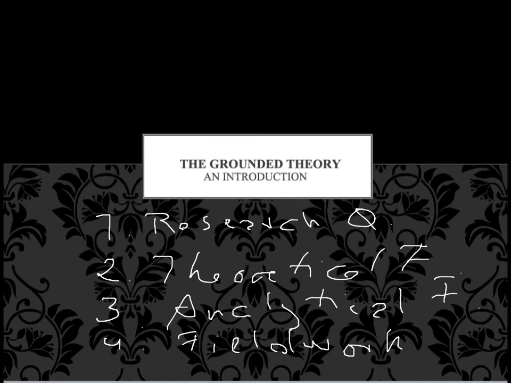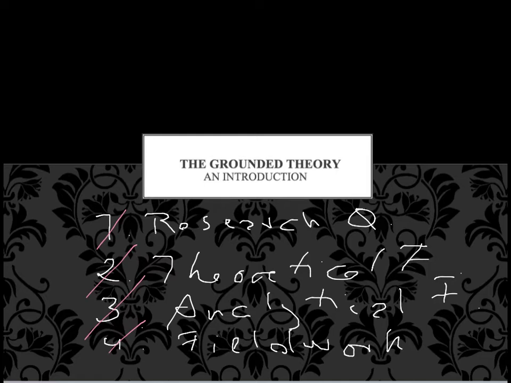Well, the grounded theory will say to us, forget about this order of things, because it won't work. They will say, actually, the research process is much more messy in a way than we present it when we organize these courses.